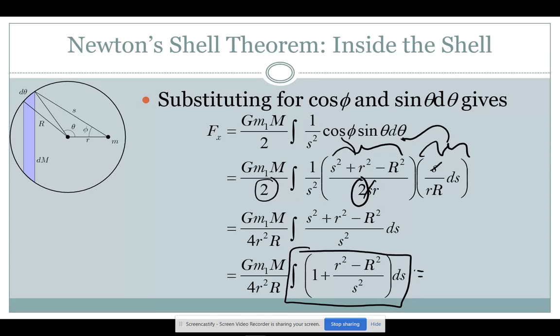So let's just do this integral. What's the integral of the stuff in the box? I'm not writing the GM stuff. You have 1 ds. What's the integral of 1 ds? s.